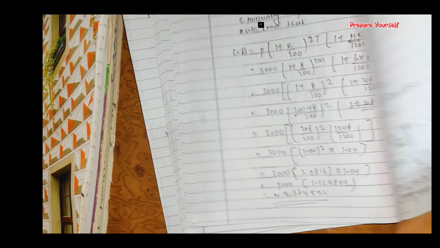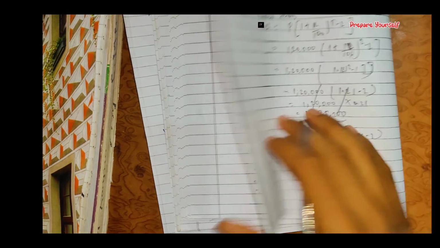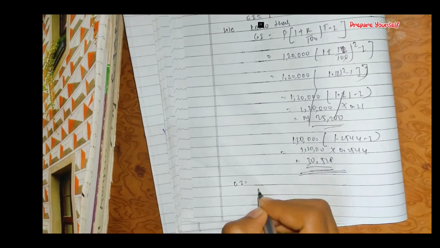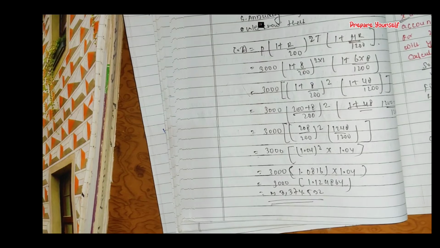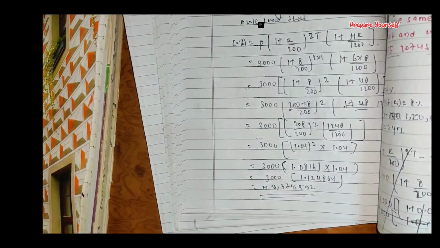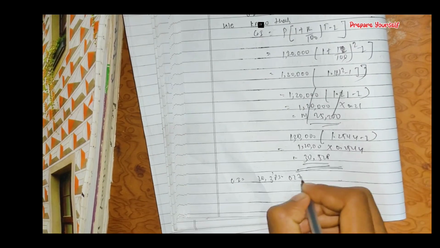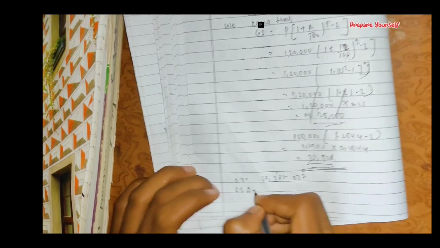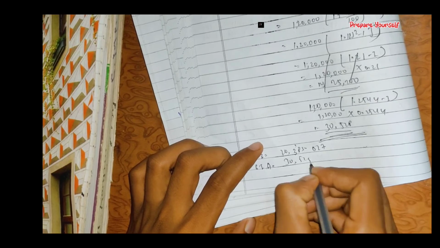And this is the compound interest semi-annually. So we have the compound interest semi-annually that is 20,383.027, and the compound interest annually is 30,528.